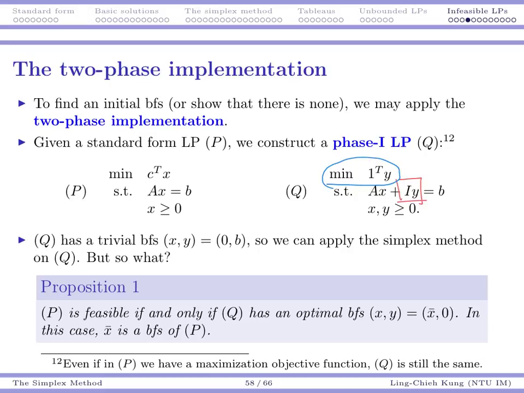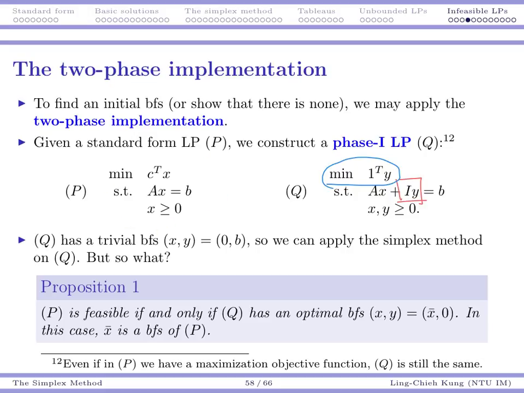And then if I try to minimize this objective, I will try to push all the y's to be 0. If the optimal solution for Q can have the objective value become 0, that means there is a feasible solution where x is something and all the y's are 0. Then that feasible solution would obviously be a feasible solution for P. Then we are done.